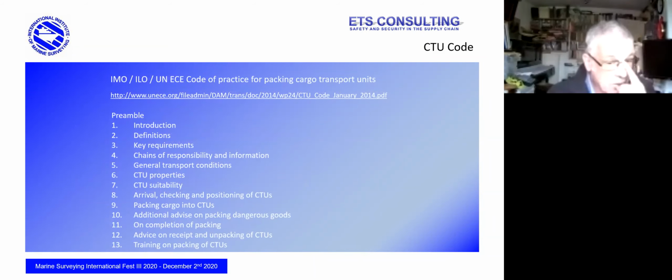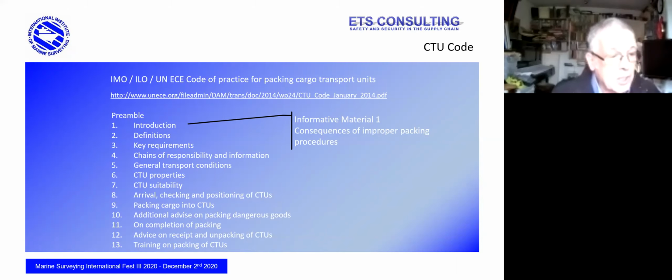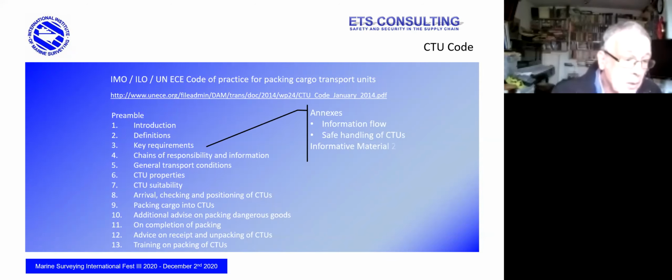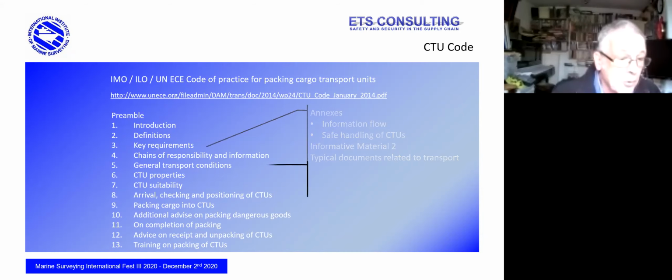So let's return back to the Code of Practice. How we've split it down is there are informative materials looking at the various information in each chapter. In the introduction, it refers to the consequences of improper packing. In the chains of responsibility and information, we have the annexes covering information flow, safe handling of CTUs, and the documents related to transport.